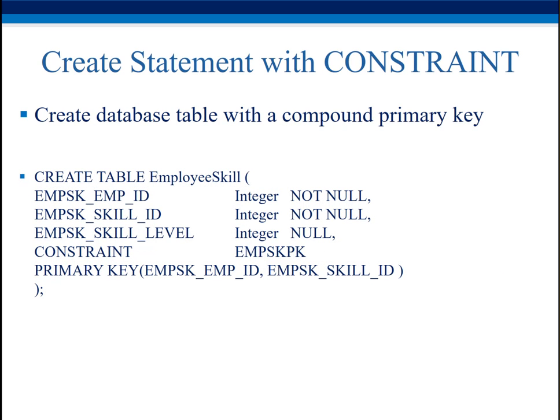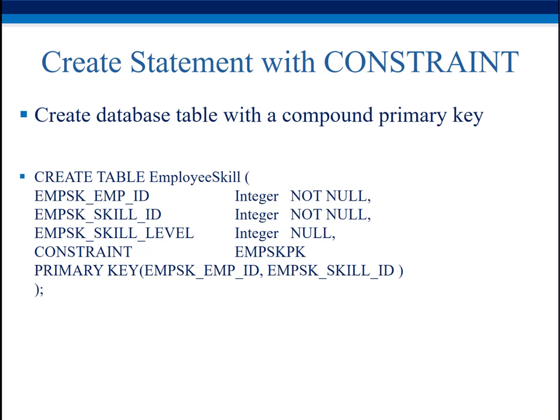So again, we have create table, employee skill, and again, now this is mine, so I've followed the standards of the capitalization of every word in a table name, and then all capitalization. So we have now, notice the employee EMPSKey underscore EMPID.